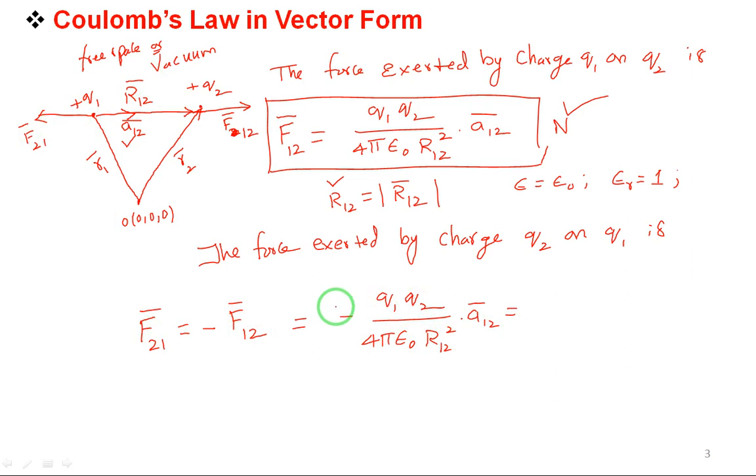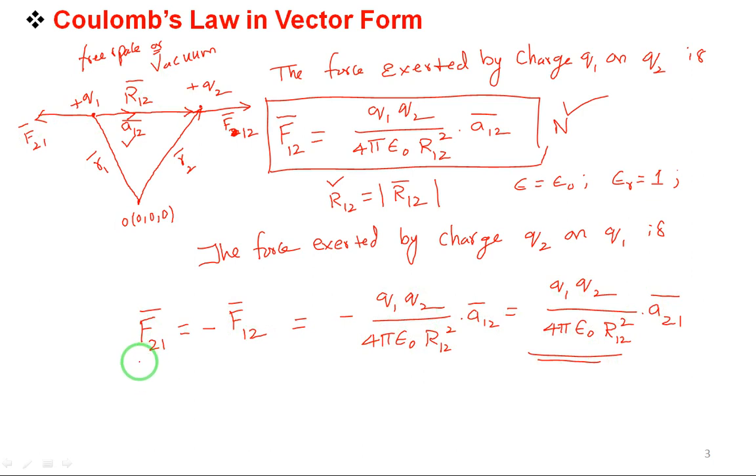Yes, I want to remove this negative sign. If I want to remove this negative sign, just reverse the direction of the unit vector. So Q1 Q2 by 4 pi epsilon naught, the distance remains the same, magnitude doesn't matter, R12 or R21. And here instead of writing A12 I will write A21. The direction is reversed. This minus sign will vanish if I write this way, right?